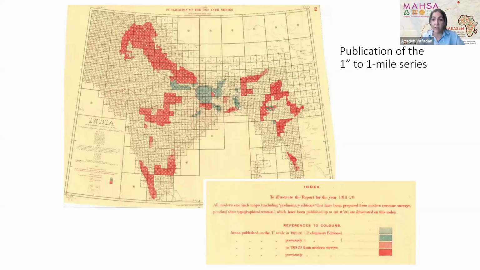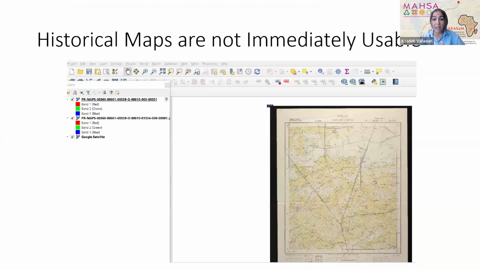These maps are specifically useful because they were produced on a very large scale and in a very standardized way. They also contain a lot of information that could be used by us as archaeologists.